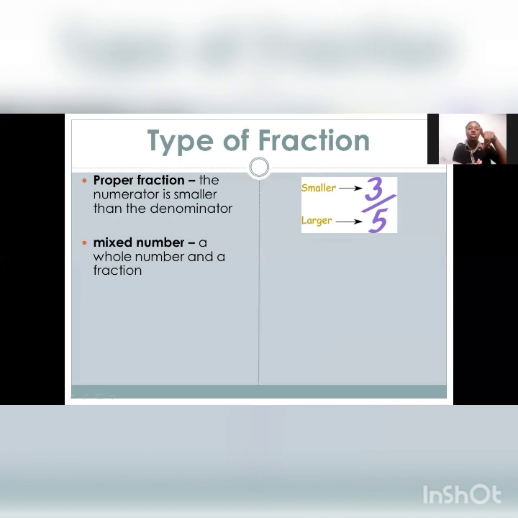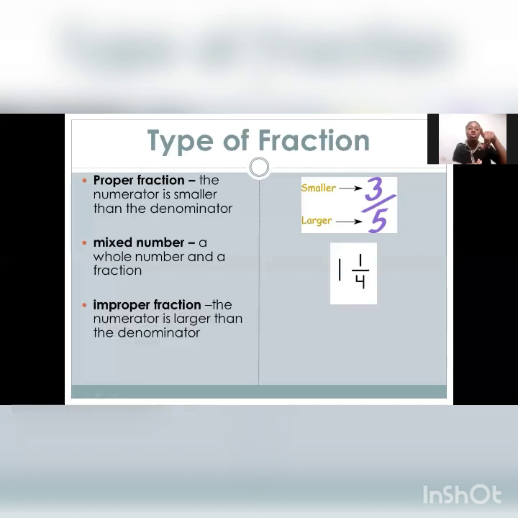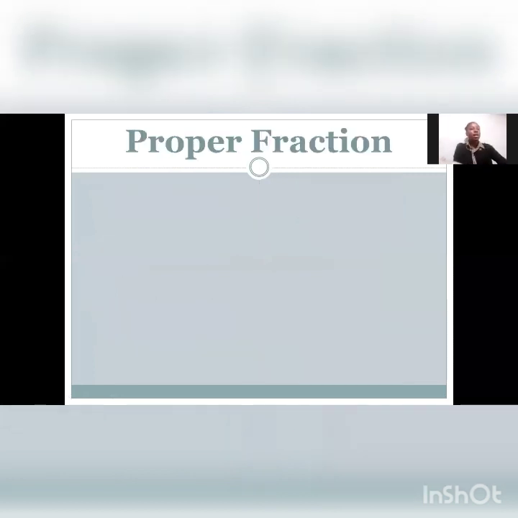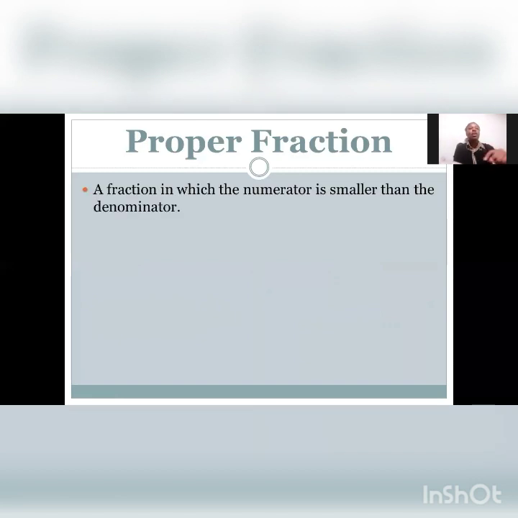Now, as you can see, we have our whole number. As we said before, a proper fraction is a fraction in which the numerator is smaller than the denominator.